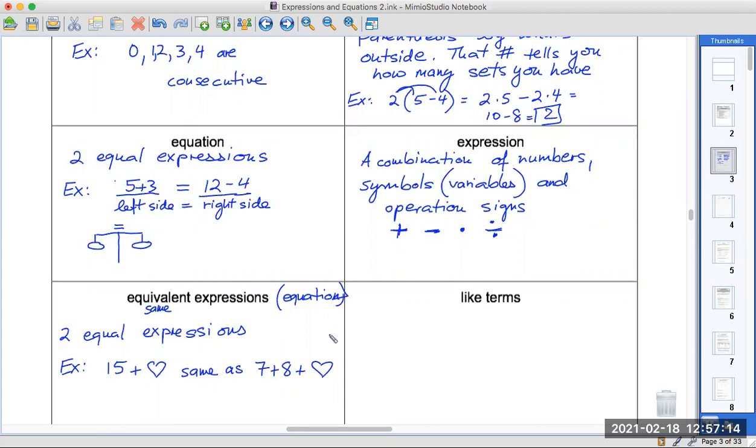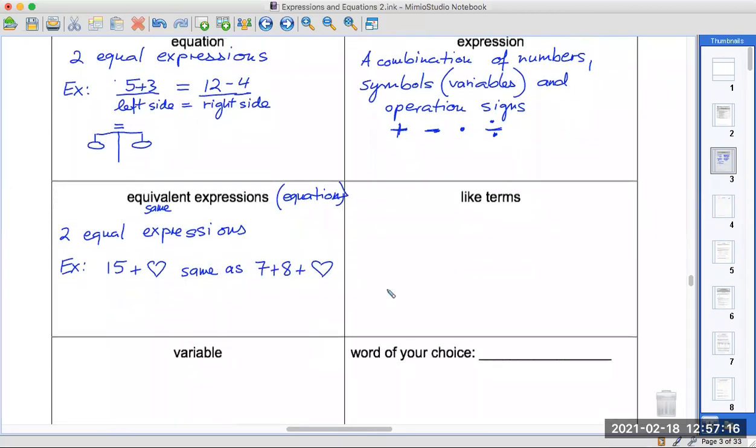Like terms, you're going to hear a lot about like terms from here on out. A term is a number or a variable or a symbol that's separated by a plus or minus. So terms are separated by a plus or a minus.